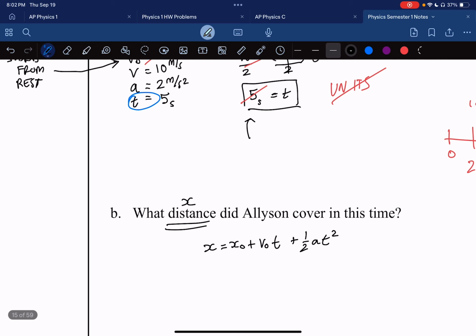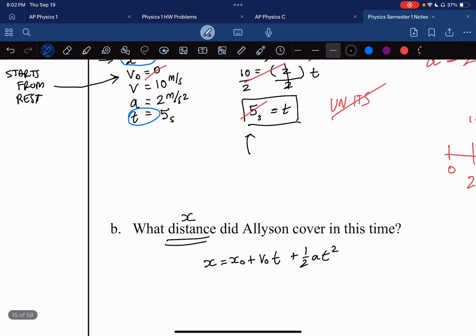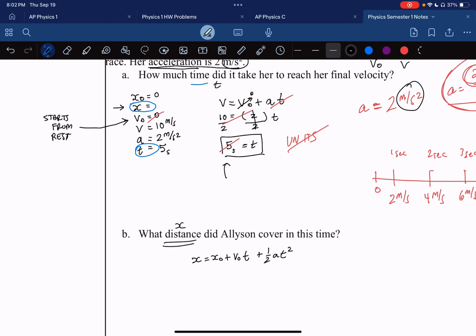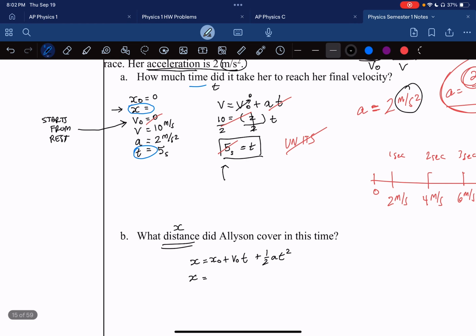Again, looks intimidating, but it's actually very simple. We'll make the list visible here in the video. We don't know x, so we write x. X naught is 0. V naught is 0. So I'm going to cross out the whole thing because V naught is 0.